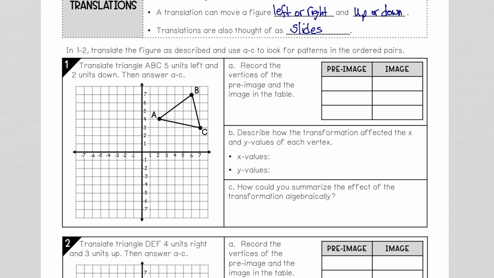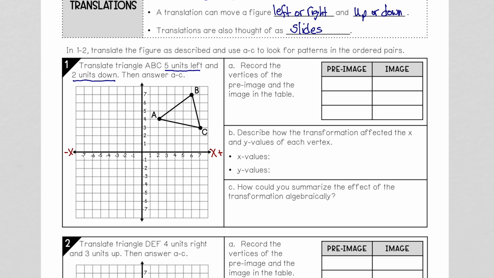We are going 5 units left, 2 units down. I want you to keep in mind on the coordinate plane, when you're going to the right on the x-axis, that's x plus, and to the left is x minus.